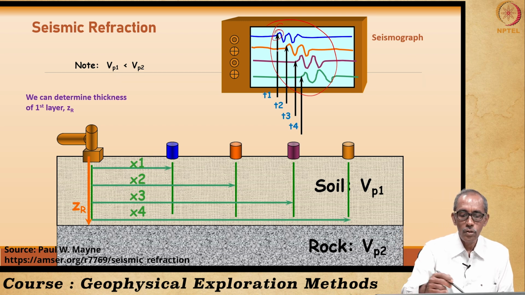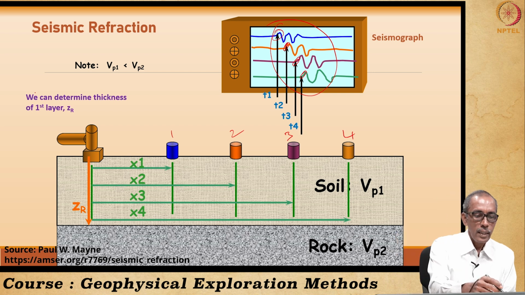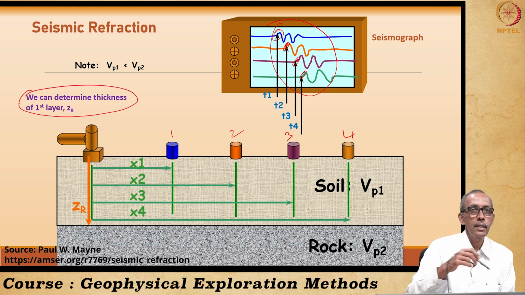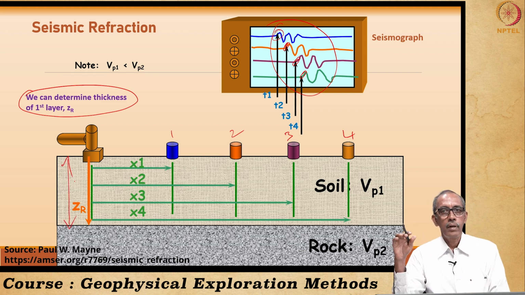First arrivals at geophone number 1, 2, 3, 4. We have the arrivals at all the geophones. With the help of this, we can determine the thickness of the first layer. So, this is in brief about the seismic refraction method.